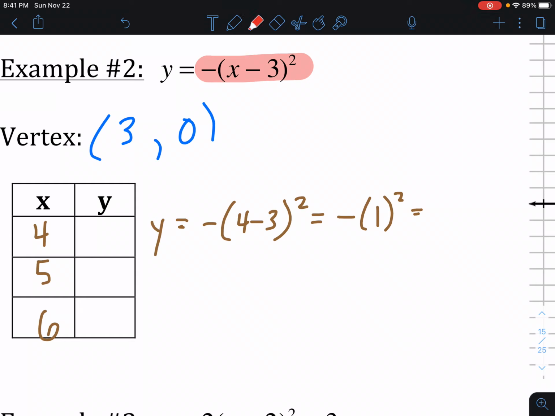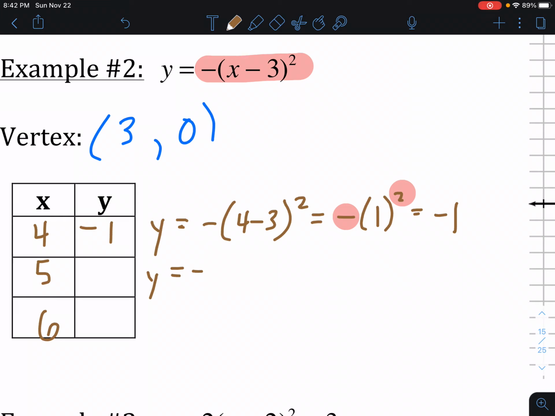Then, it's not negative 1 squared. It's 1 squared, okay, which is 1. And then this negative gets carried over. So your y is negative 1. So whenever you have a negative right after the equal sign, that's going to carry over for a little bit.